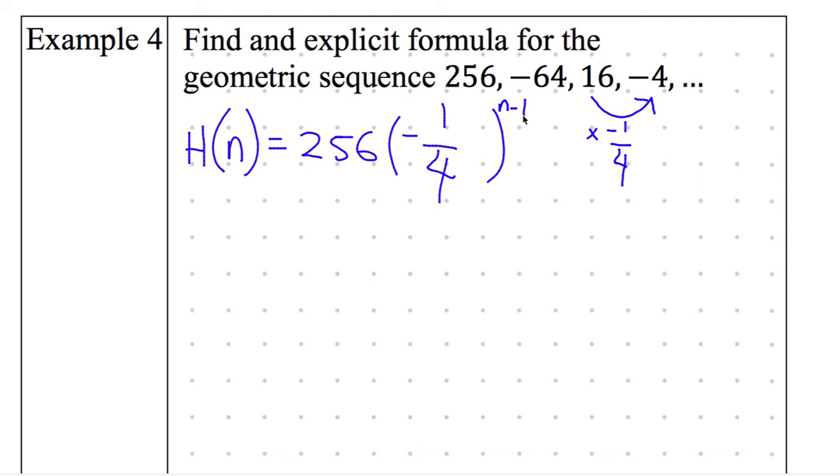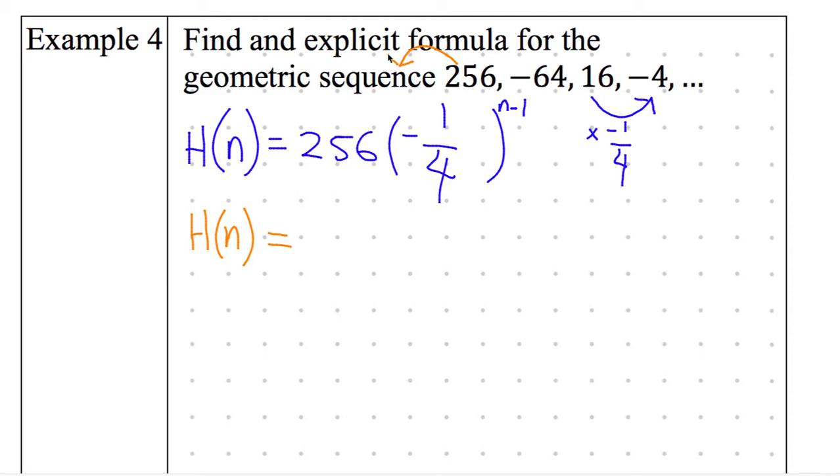Got it? As a note, you can have a different formula, and I haven't actually looked at the Khan Academy assignment, but I have a feeling that they'll do this because they did this with arithmetic sequences also, which is that h of n can also be written as this. If I want to use the 0th value, if I want to go backwards from 256 to the 0th value, I need to undo multiply by -1/4, which is the same thing as divide by -1/4.